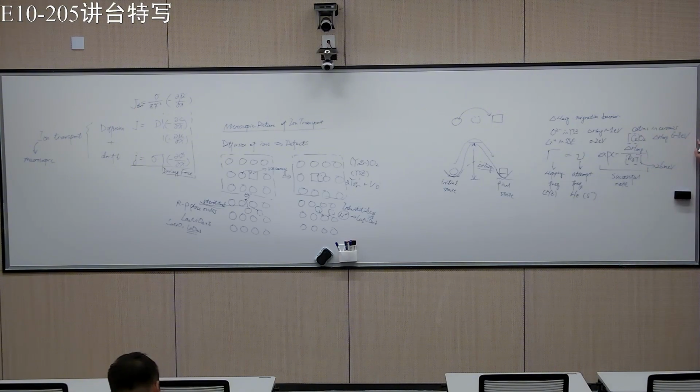So why is that important? This will partially determine how you sinter your ceramic powder into a bulk ceramic sample. If you want to sinter it, then very importantly, the cation has to move to the cation sites. So that's why you need to care about the migration barrier for cations.